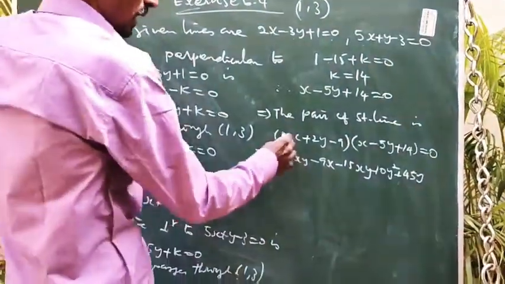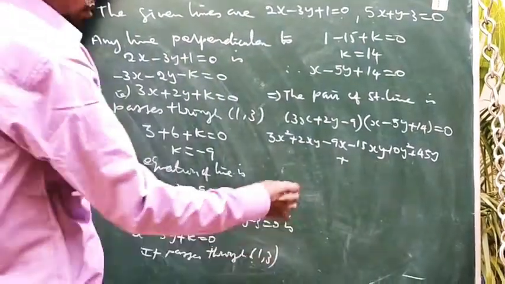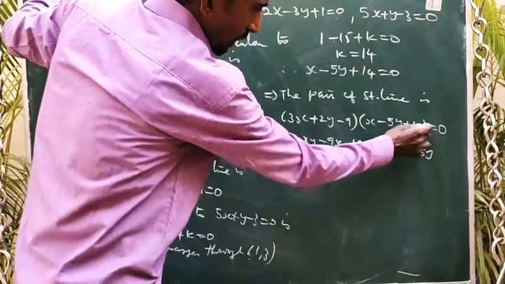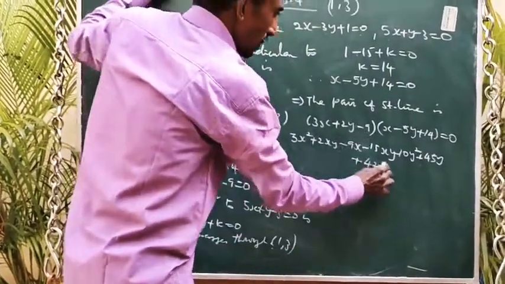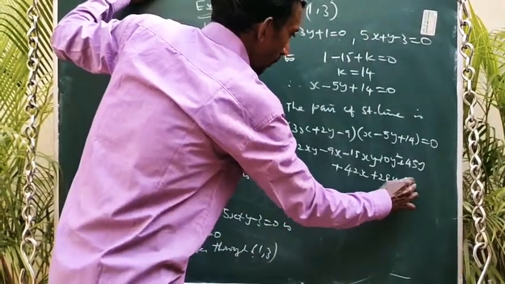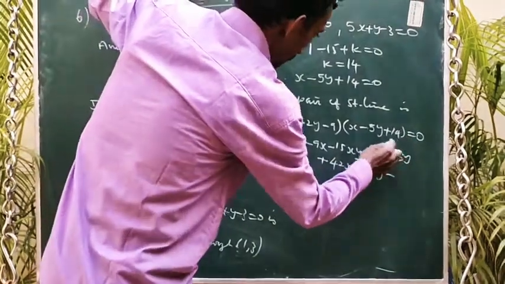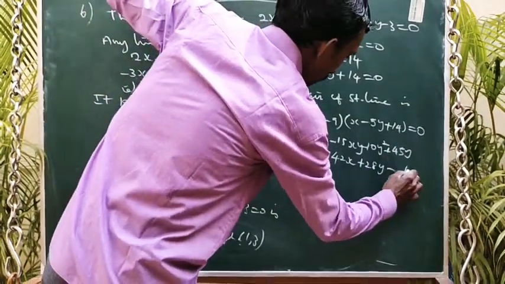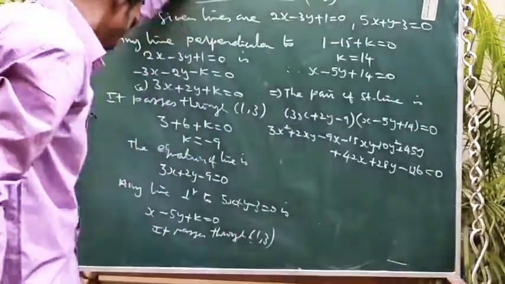Then the constant term: 3 into 14 is 42x, plus 28y, minus 9 into 14, which is 126, equal to 0.